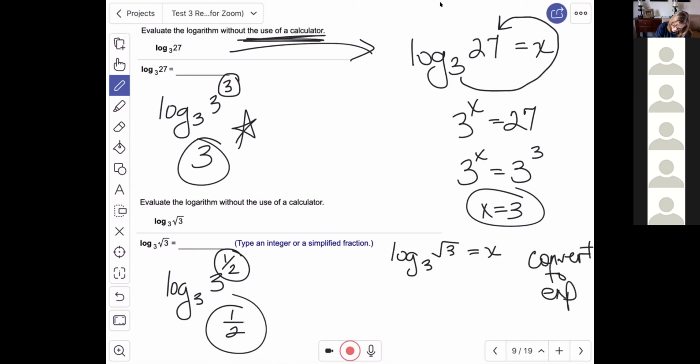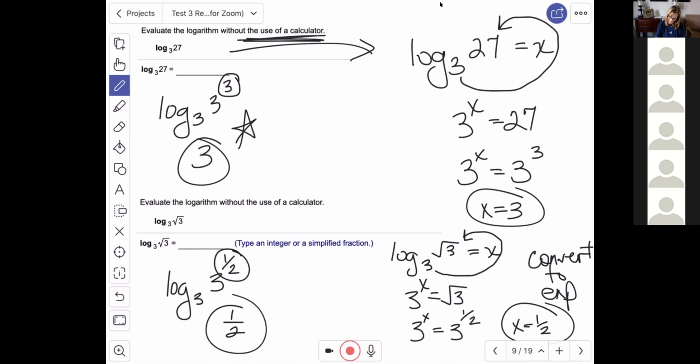And so you start with the base. 3 to the x equals square root of 3. And then you use relating the base. If 3 equals 3, then x is 1/2. That makes sense there? Just kind of a different way.